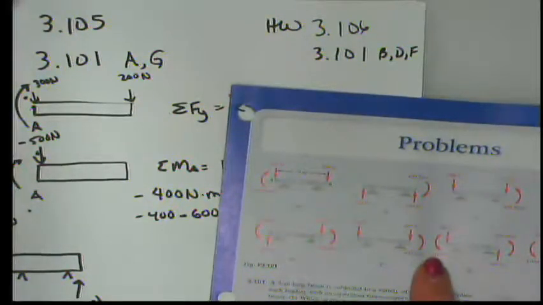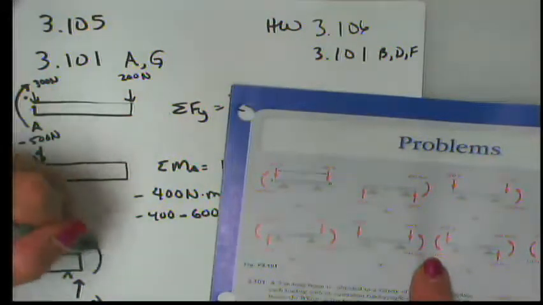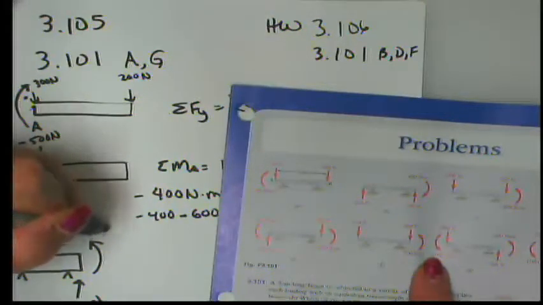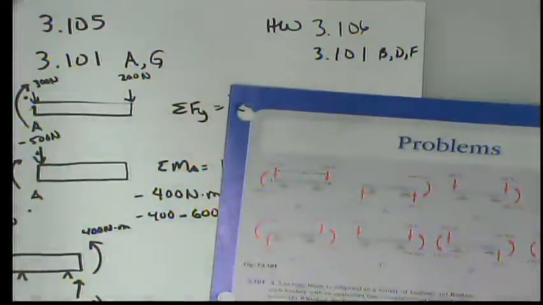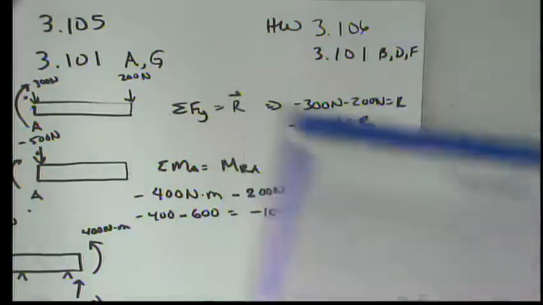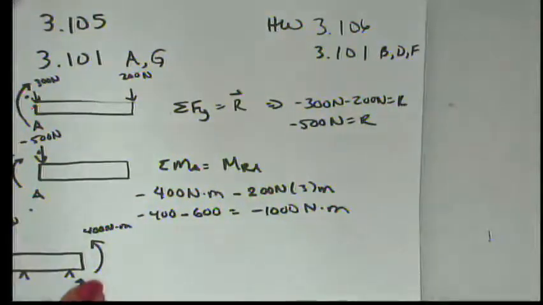We have a 1,000 Newton meter moment, which is counterclockwise, and a 400 Newton meter moment, which, I'm sorry, is counterclockwise. They're both counterclockwise. Okay, so there we go. All right, so these are both positive moments, aren't they?